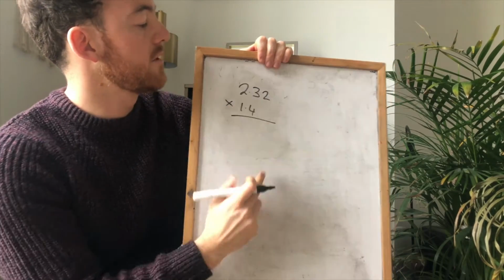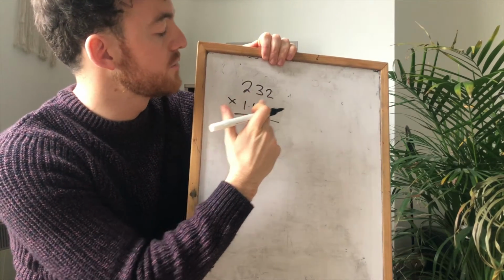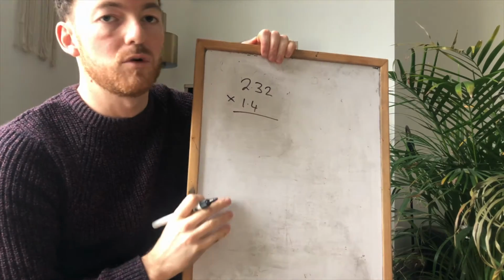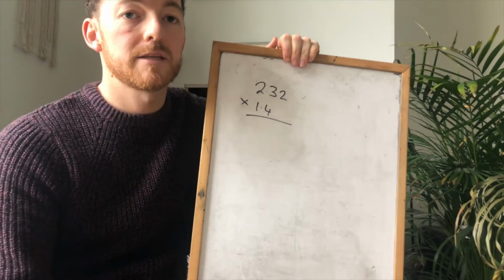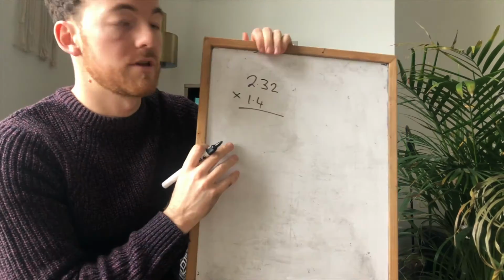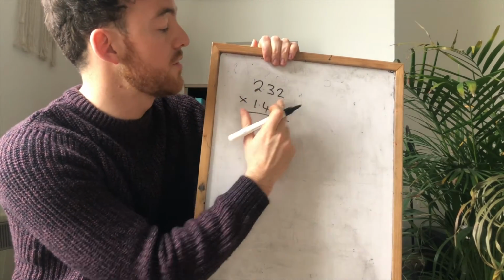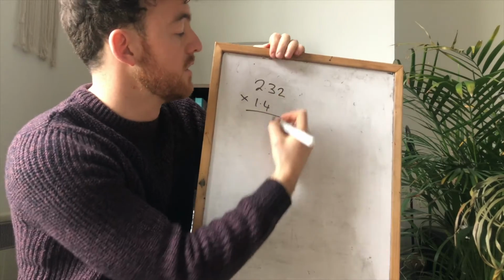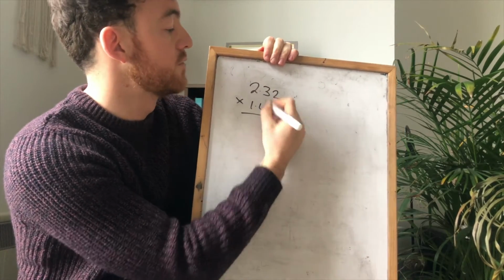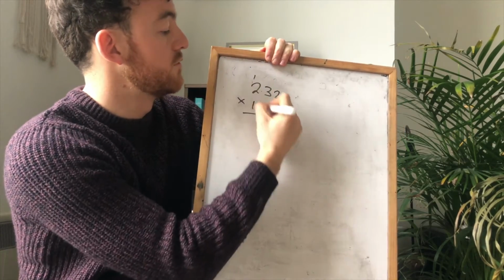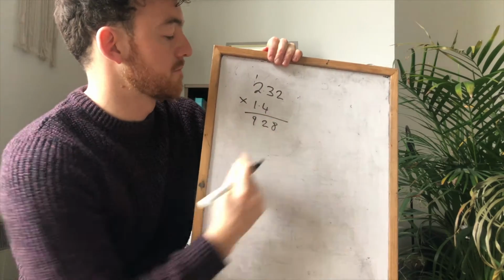So this time I've got the number 2.32 multiplied by 1.4. If I'm multiplying decimals by decimals, the first thing is ignore the decimals. So I'm going to presume it's 232 multiplied by 14. 4 times 2 is 8, 4 times 3 is 12, 4 times 2 is 8 and 1 makes 9.